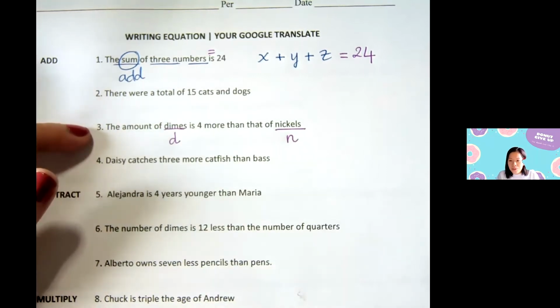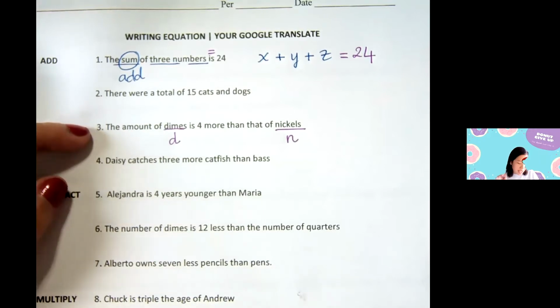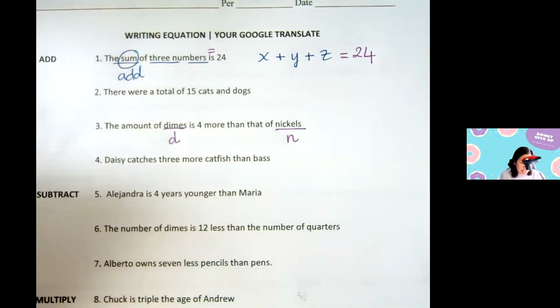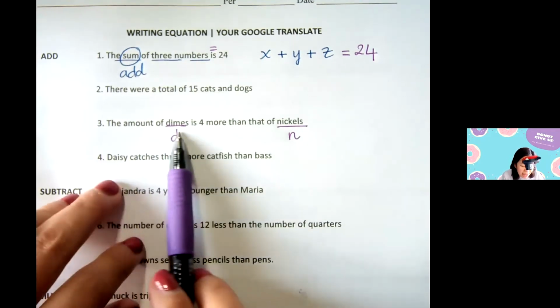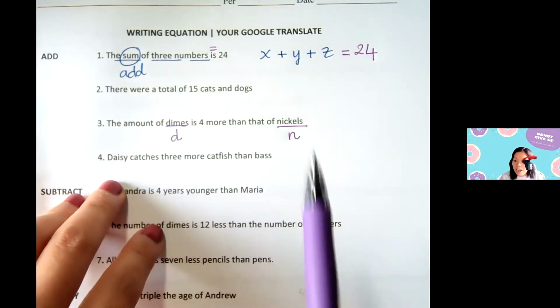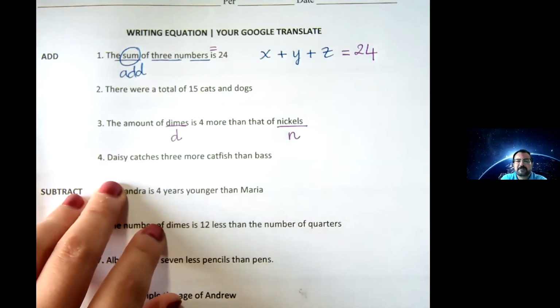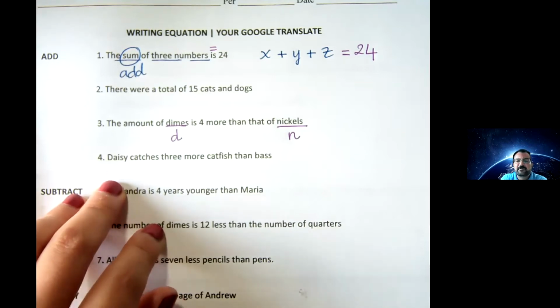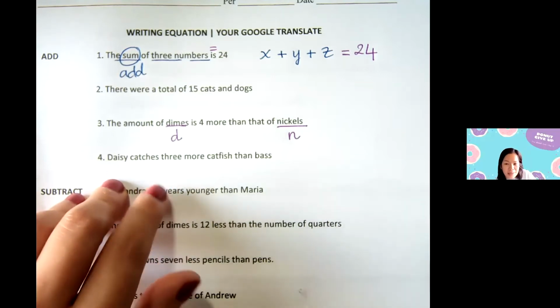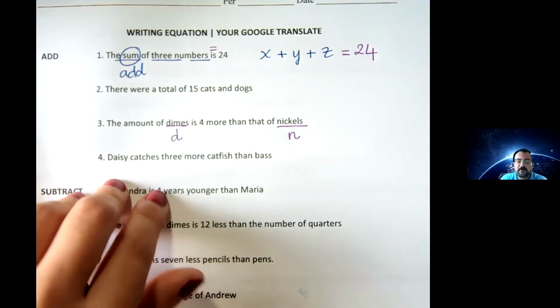So let me get back to Mr. Akakwas. In this sentence, we see the amount of dimes is 4 more than the amount of nickels. So in here, who has more? Dimes, right? Very good. And D equals 4N?